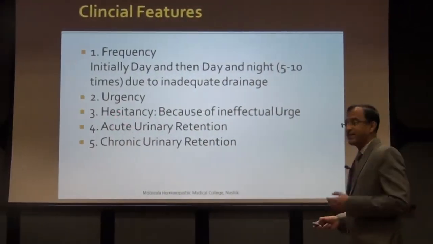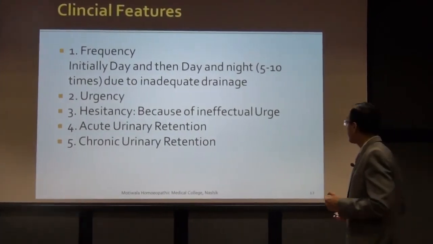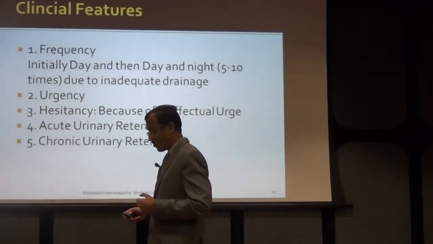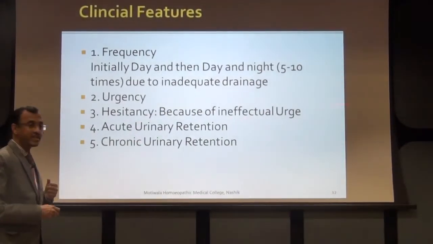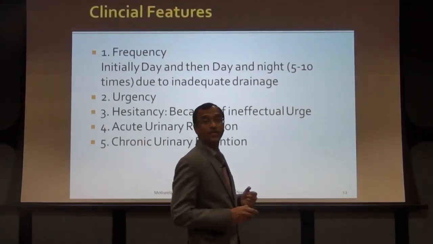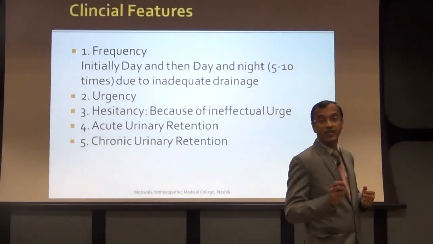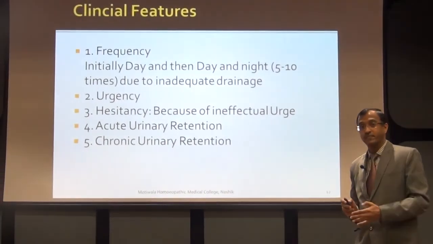The third is hesitancy. You will find that they are very hesitant because of ineffectual urge. And usually this hesitation in urination is to such a level that it affects the quality of life in an elderly person.